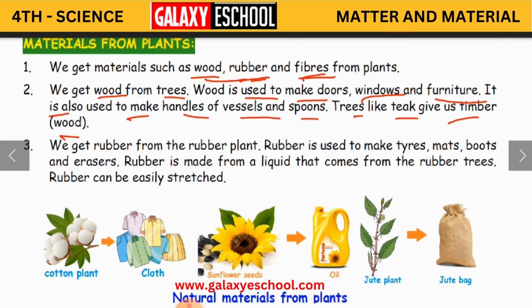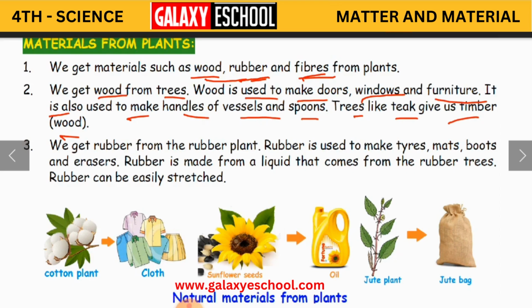Sandalwood is there, teak wood is there. There are so many types of wood available from trees, children. But very precious, very valuable woods are sandalwood and teak wood. They cost very much for us to use in our furniture and all that. Clear, children? So we get wood from trees.